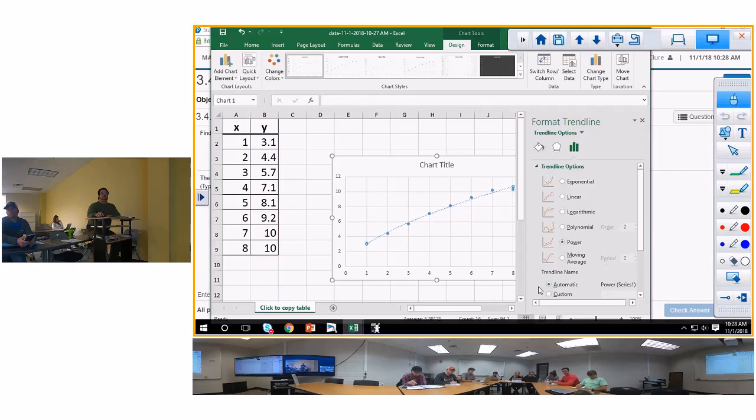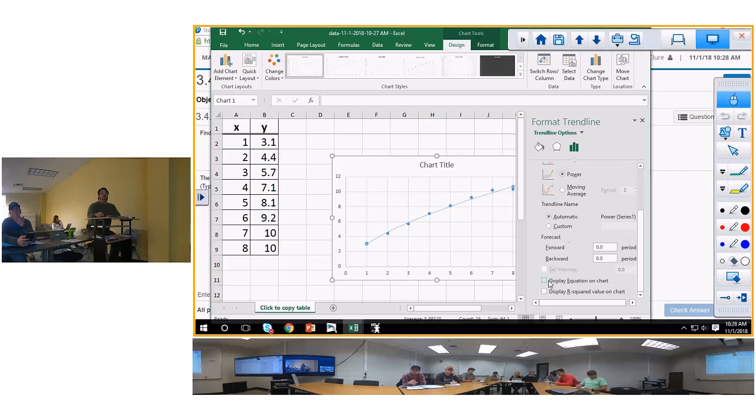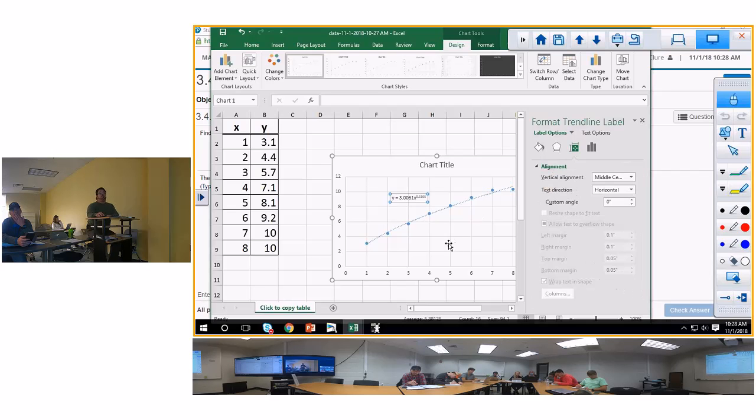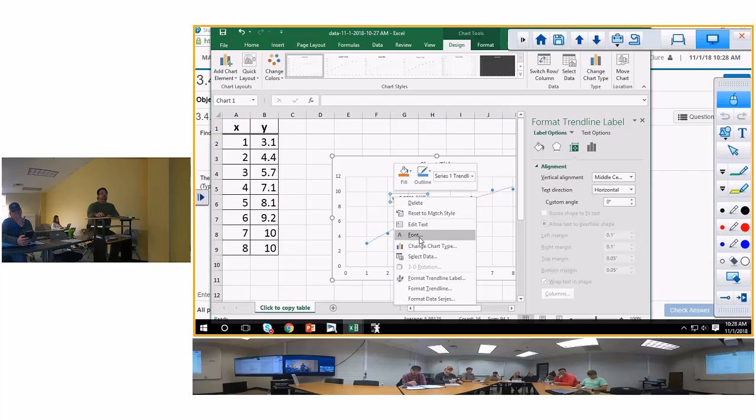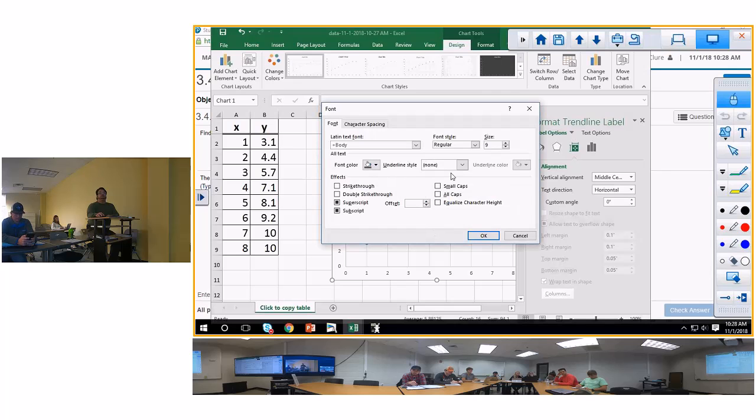That's entirely too big a print. I think they're being very liberal on their font. I think they need to tone it down a little bit.